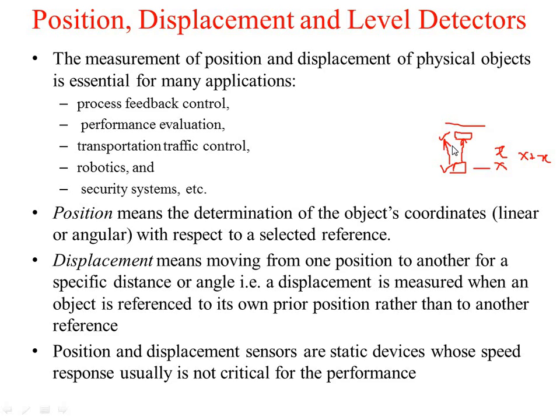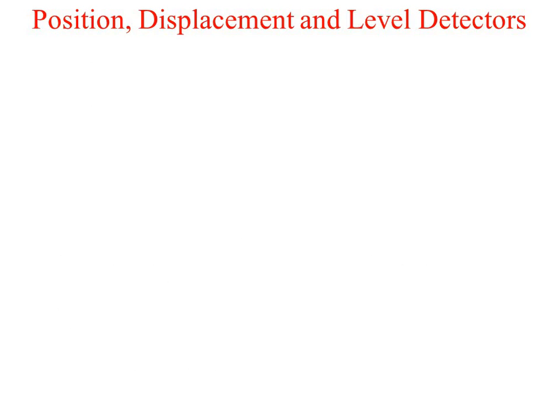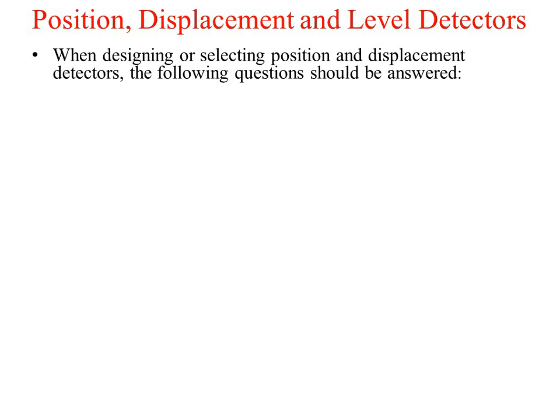If you want to go for a performance evaluation, real time evaluation, then in that case you may require dynamic type devices or detectors. So our focus will be on static devices. We'll try to study them. Then in that case, when you are designing particular position or displacement detectors, the following questions need to be answered.